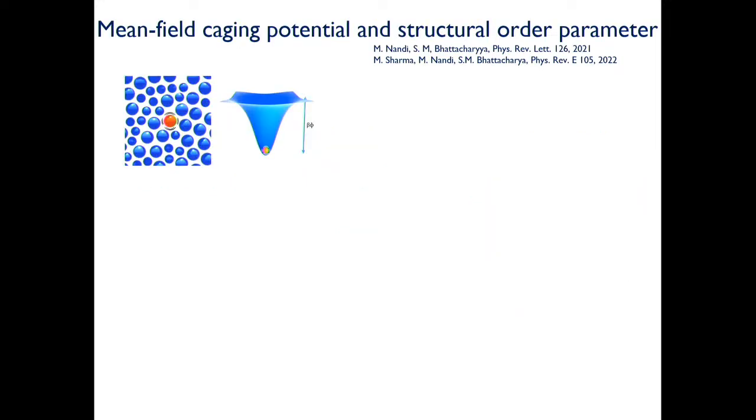So now, what we want to do is relate the rearrangements in our system to the structure. The way we do it is, I'll not present all the details, but tell you the important points so that we understand the idea that is involved here.